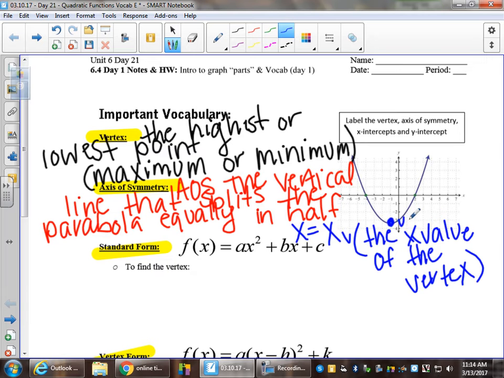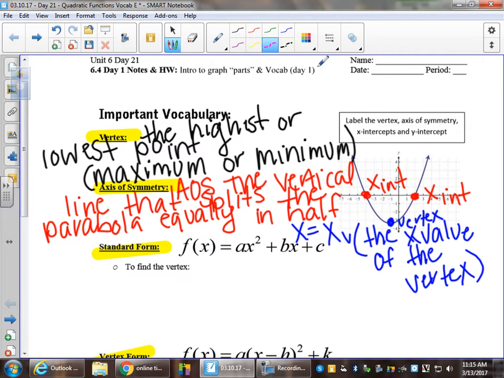What are these called? They are the points where the graph goes through the x-axis. X intercepts, exactly. So these two points, x intercepts.